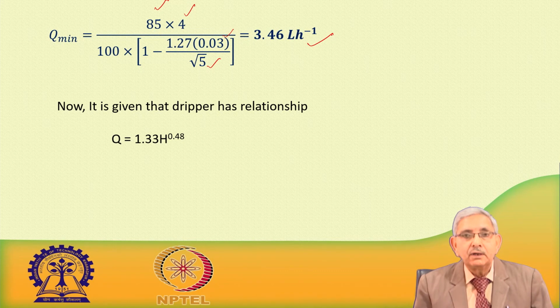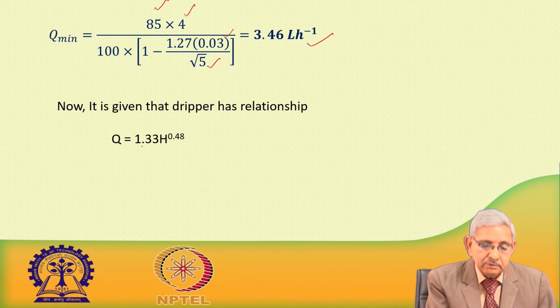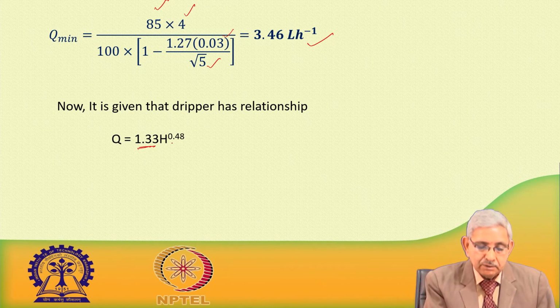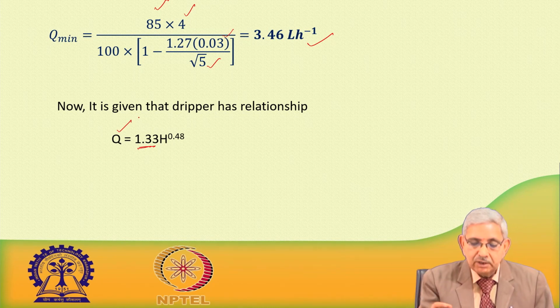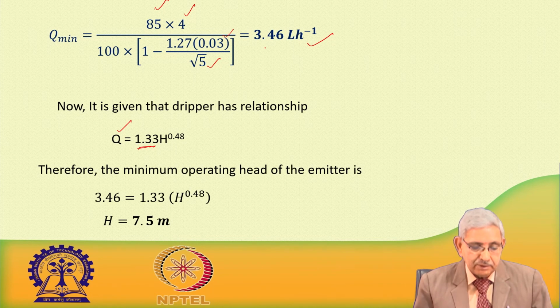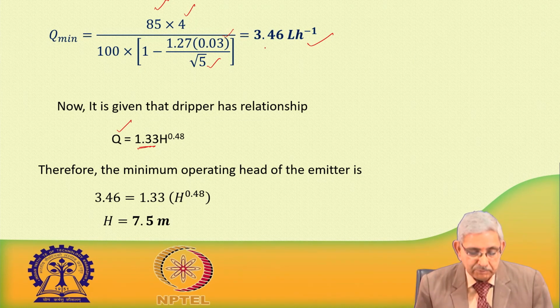So, we can find out the operating pressure by using the expression. We have been given the coefficient of discharge, and we have just calculated the discharge, that is 3.46 liter per hour. So, H can be obtained from the expression 1.33 multiplied by H to the power 0.48 equal to 3.46.